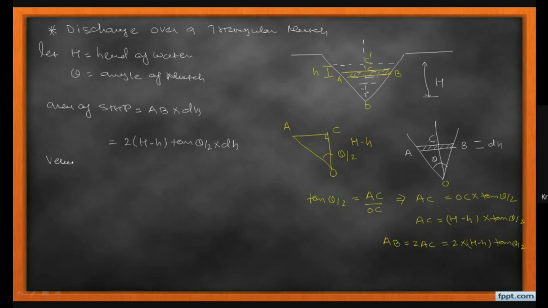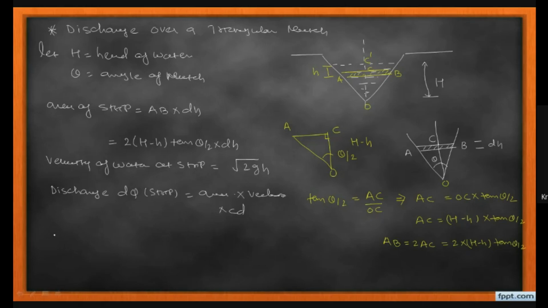Now we know the theoretical velocity of fluids. So velocity of water at strip, which is theoretical, is under root of 2gh. Now we know the discharge through this strip equals area of strip into the velocity into Cd.